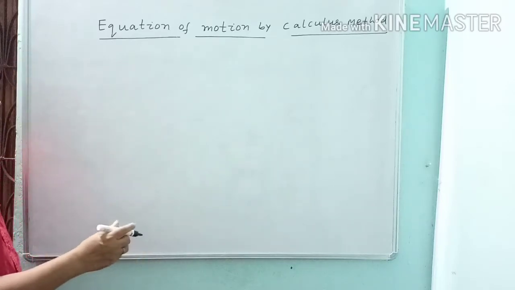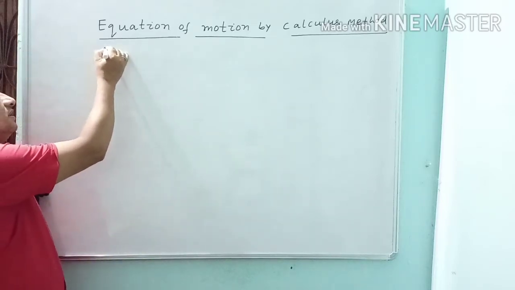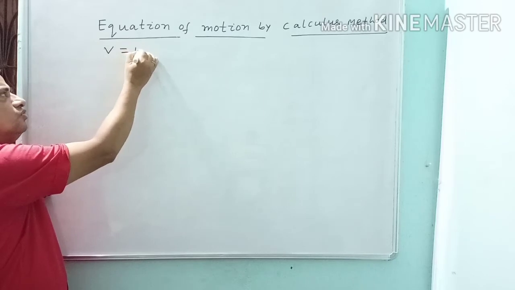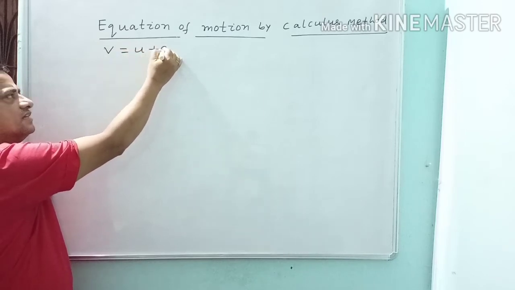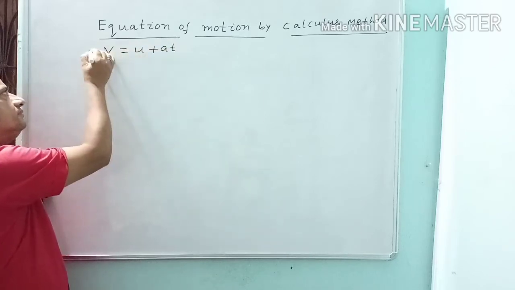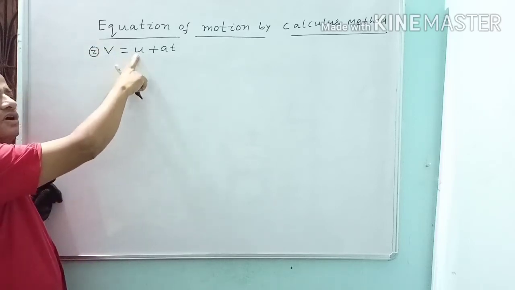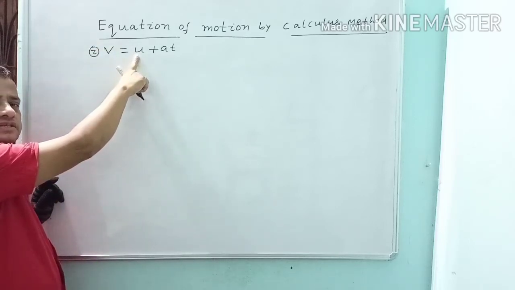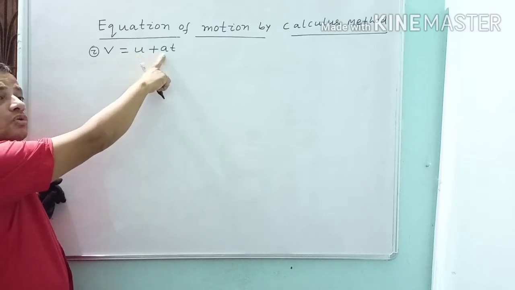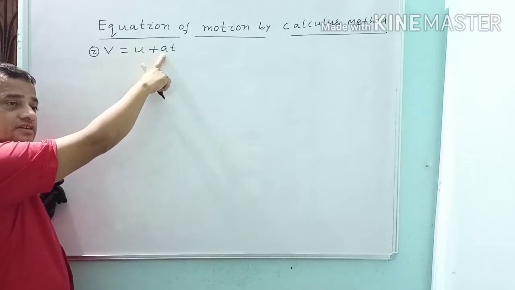You know these equations. V is equal to U plus AT. U is the initial velocity, A is the constant acceleration.